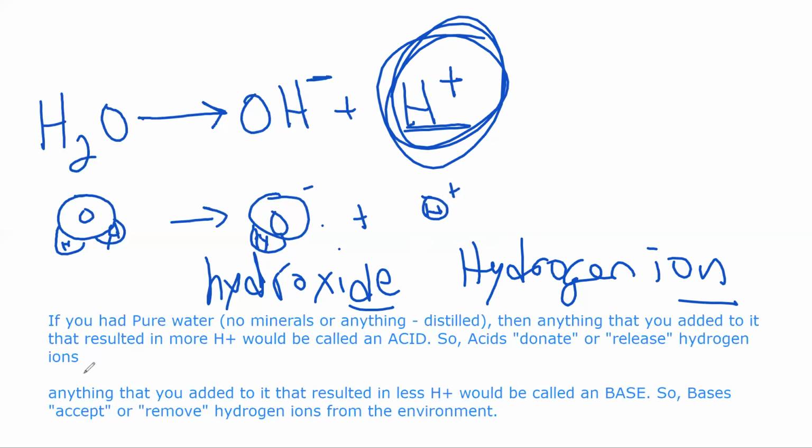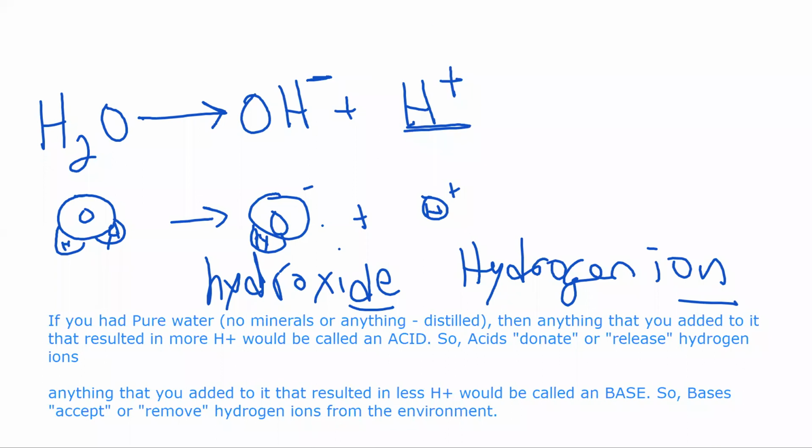So what I'm saying here is in pure water, all right, I'm just going to erase a part of this here, the circles. So in pure water, what you have is for every one of these hydroxide ions, you're going to have one hydrogen ion. So these are always equal to each other and therefore neutral.